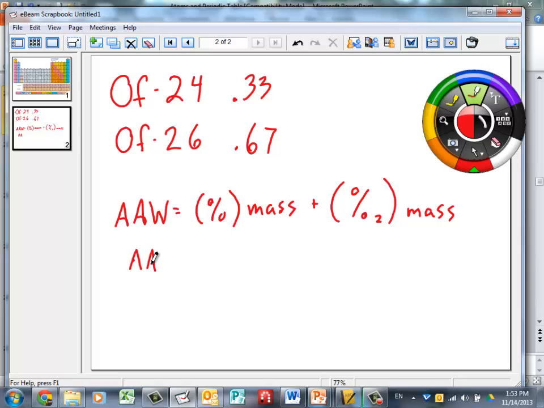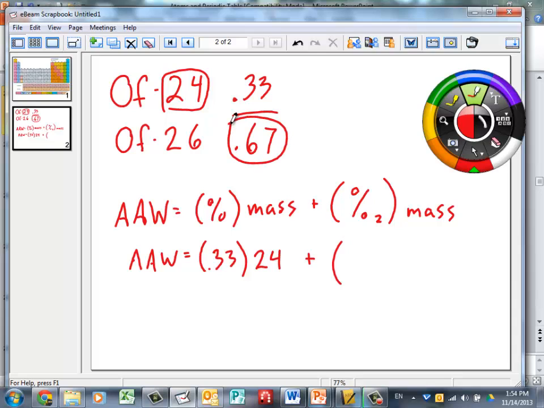The average atomic weight equals the percentage 0.33 times the mass 24, plus the percentage of the second isotope, 0.67, times its mass, 26.